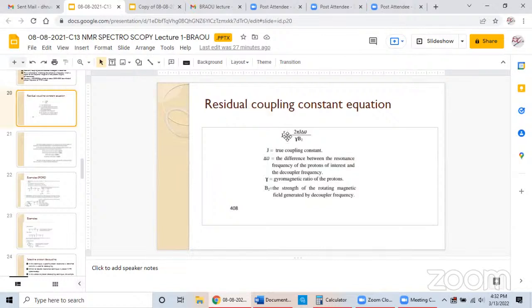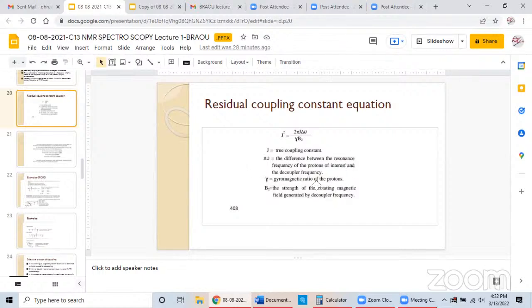It is a residual coupling that is given by the equation J residual is equal to 2 pi J delta nu by gamma B2. Here J is the true coupling constant, and delta nu is the difference between the resonance frequency of the protons of interest and the decoupler frequency, which is slightly off resonance, as I said. It is based on the instrumentation that is set.